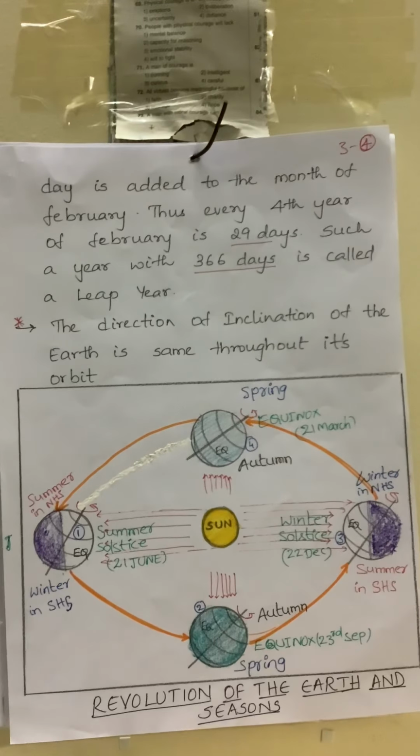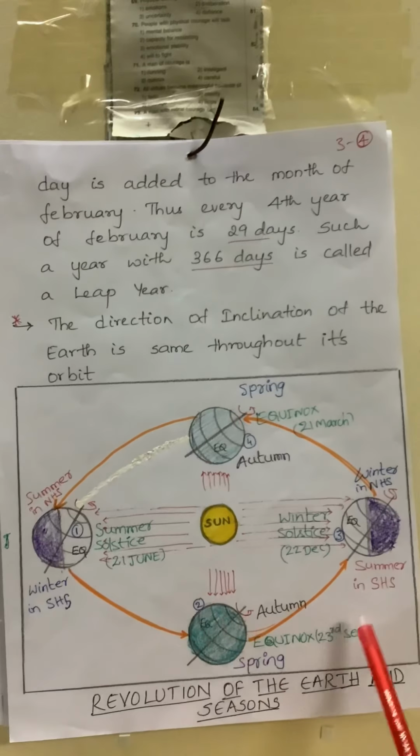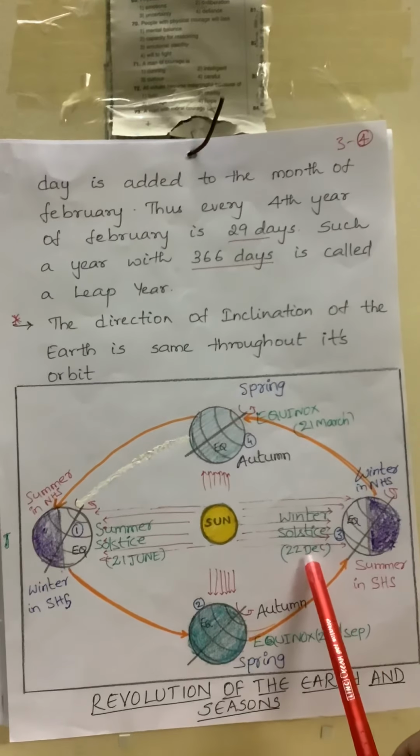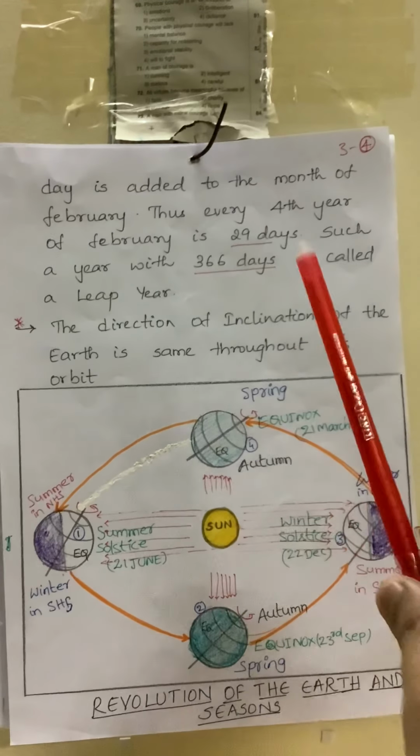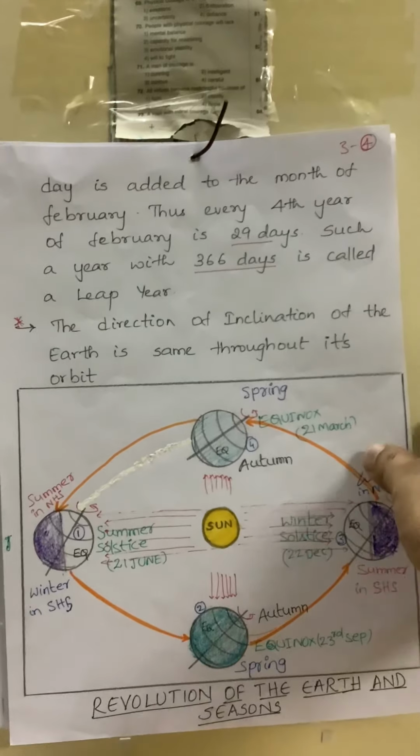Never does it change. And after seeing this figure, we will observe 4 important days. The 4 important days are 21st June, 23rd September, 22nd December and 21st March. So let us see what will happen on those days.